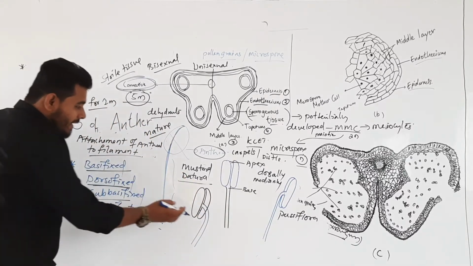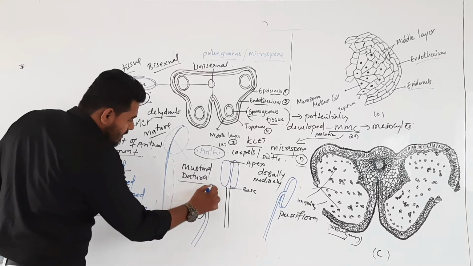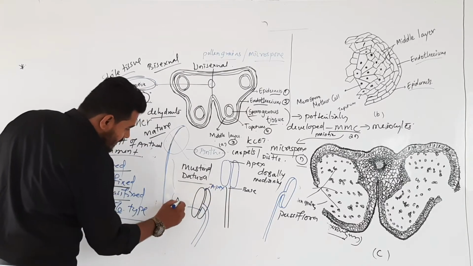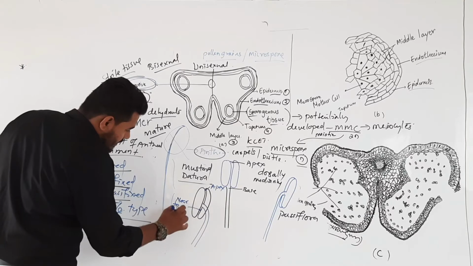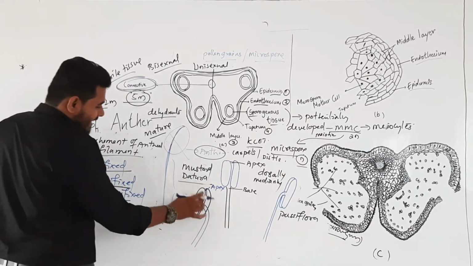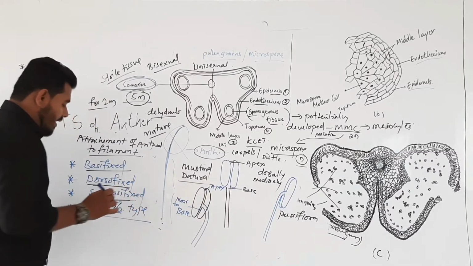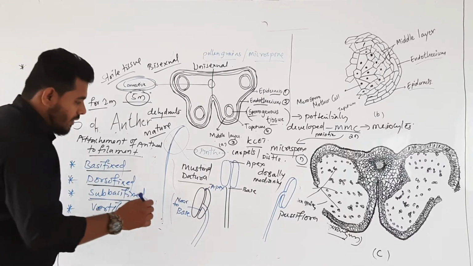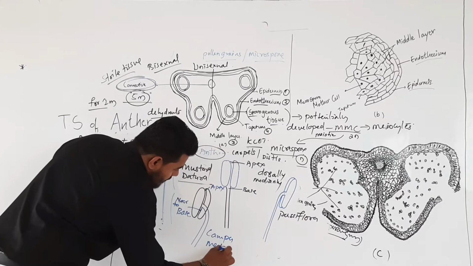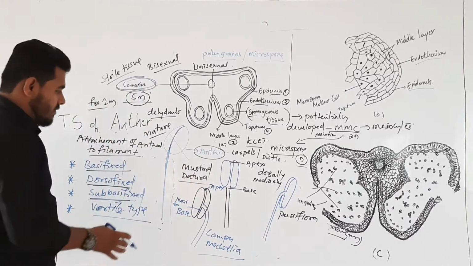Not completely from the base, but near the base to the apex. This is the apex, and this is not completely the base, it is near to the base. Such a type of attachment of the filament to the anther you can see in subbasifixed. You can take the example of Champa, or Michelia flowers, that you observe.